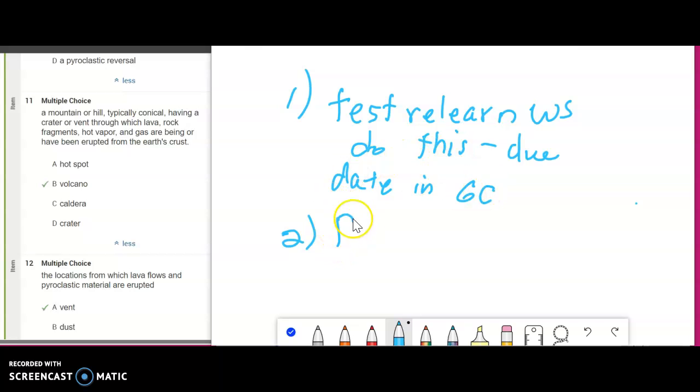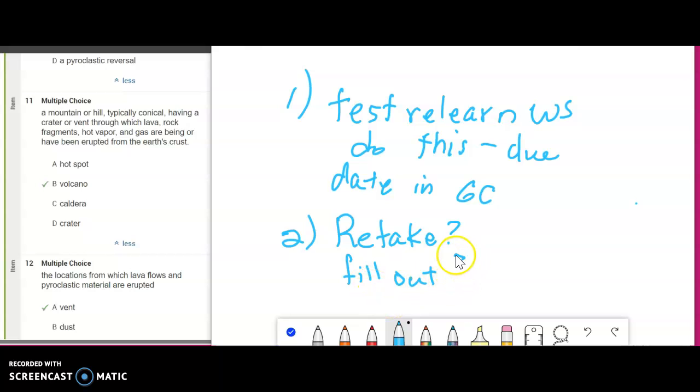If you want to do a retake, so you want to retake the test, get as good as you possibly can, you want to fill out the form. So you want to attach this worksheet to this form so that I can make sure that you got all your answers correct on your worksheet. Go over anything with you that we need to go over before you retake it. It's very important that you understand the questions you missed before you take the test. Otherwise, your grade won't go any higher.